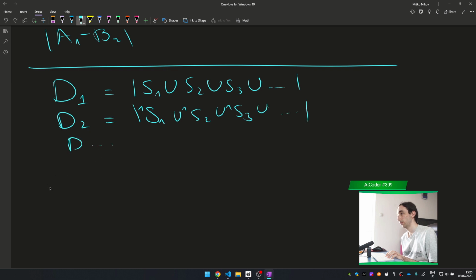And then our answer is n factorial minus d sol, so inclusion-exclusion on the d sets.